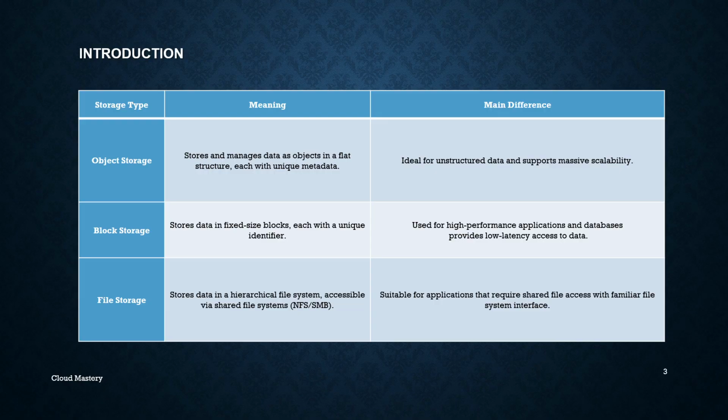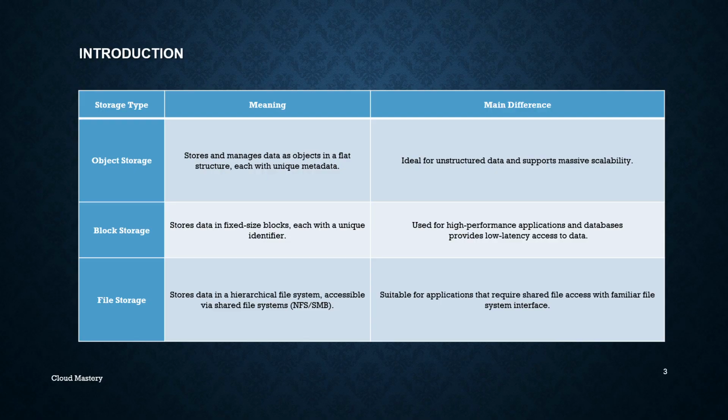Let's talk about block storage. This is about fixed-size blocks, each with a unique identifier. For example, you can use it for high performance applications, or for databases with low latency.